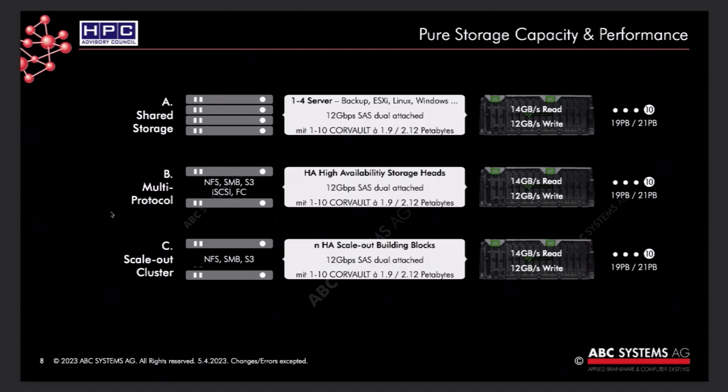So here are some examples of what you can do. You can do a shared storage. You can have 4 storages because we have 8 host ports on this storage box. We can have a 2-head high availability configuration with multi-protocol support, or we can do scale-out clusters. So there are a lot of possibilities just creating building blocks.